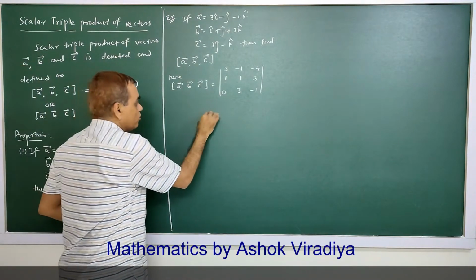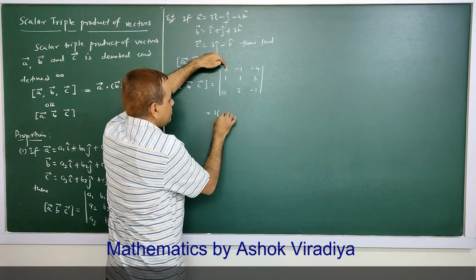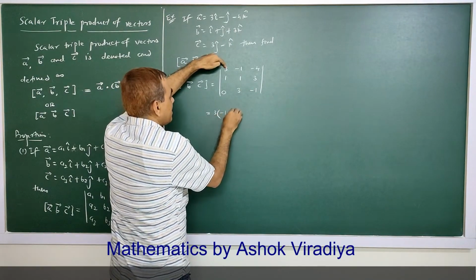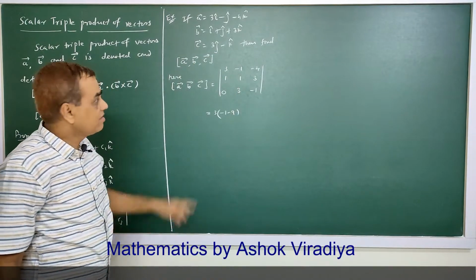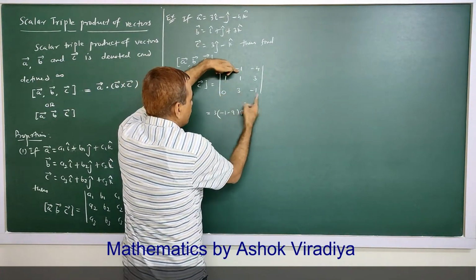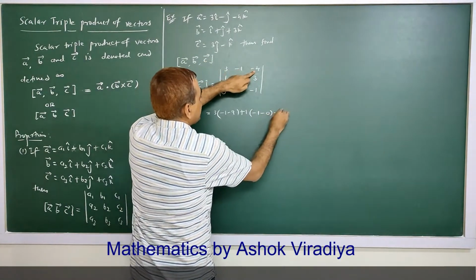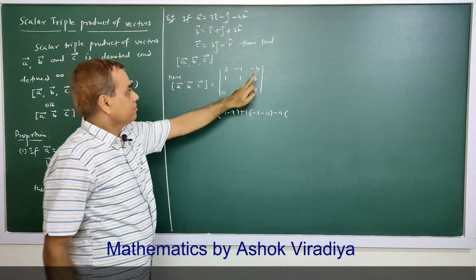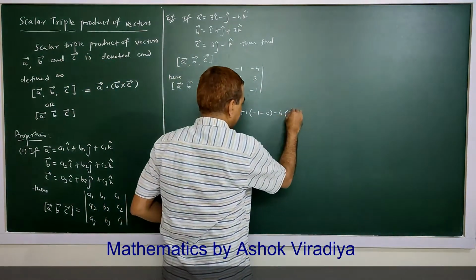So it is equal to 3 into minus 1 minus 9, minus minus 1, that is plus 1, into minus 1 minus 0, minus 4 into 3 minus 0, that is 3.